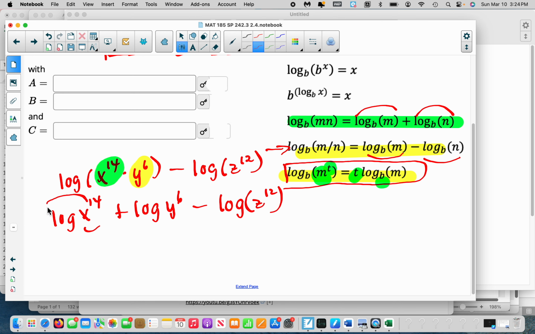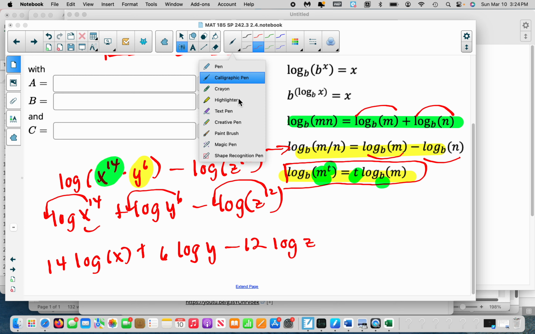So this 14 comes out to the front. I have 14 log of x plus that 6 comes out to the front, plus 6 log of y, and this 12 comes out to the front, minus 12 log of z.